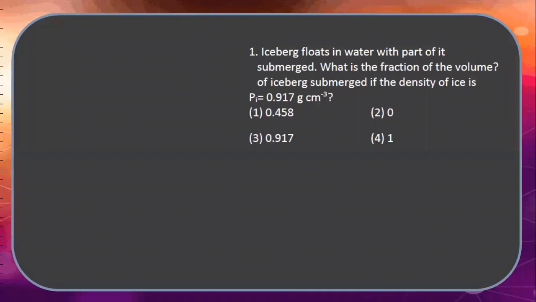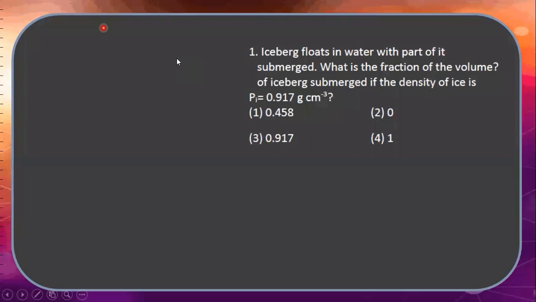See, an iceberg floats. This is 2021 CET. All these are previous year's CET problems. This problem is given in 2020 CET. An iceberg floats in water with part of it submerged. What is the fraction of the volume of the iceberg submerged if the density of the ice is 0.917 gram per centimeter cube?